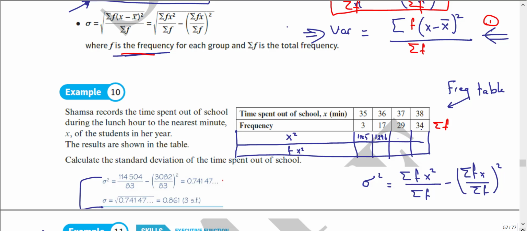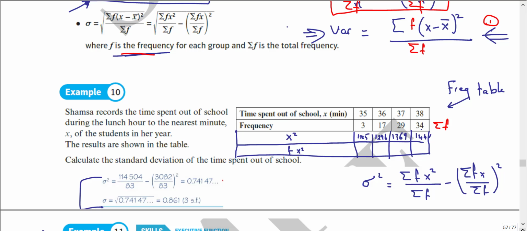Type 37 squared: 1369. 38 squared: 1444.